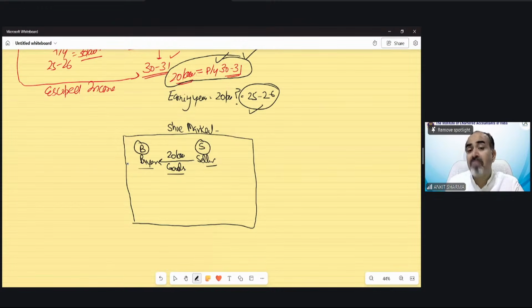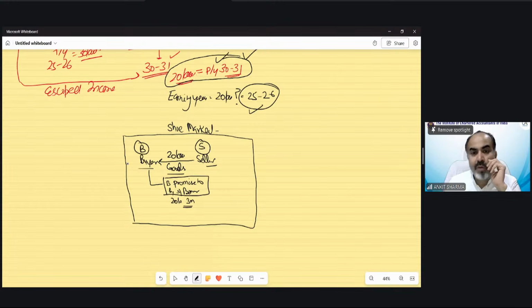But the seller might need this money right now. So the buyer writes down a Hundi, and he writes, I, Mr. B, promise to pay to Mr. S or the bearer of the instrument 20 lakh rupees after 3 months. Certain kind of language. And he will sign it.